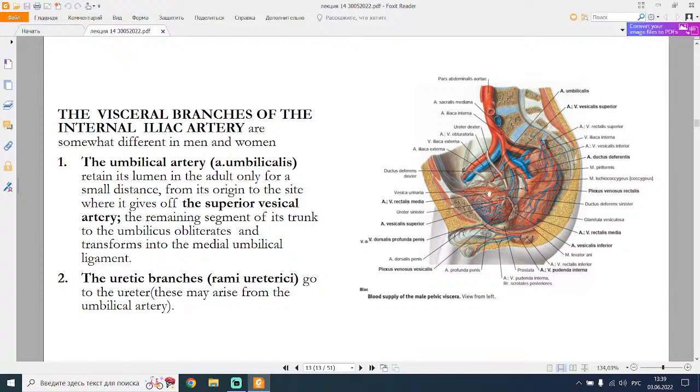The remaining segment of its trunk to the umbilicus obliterates and transforms into the medial umbilical ligament, ligamentum umbilicale mediale.